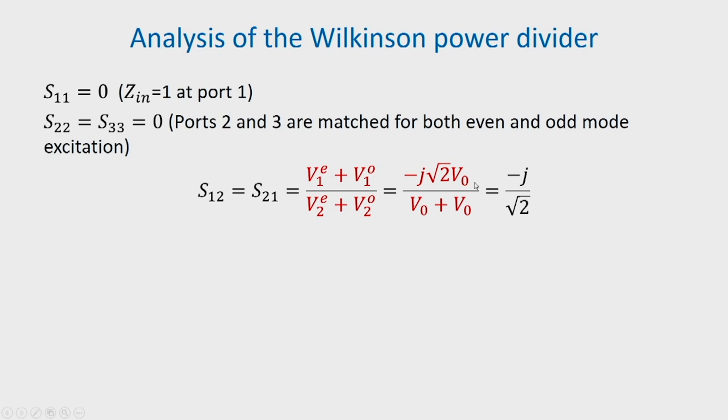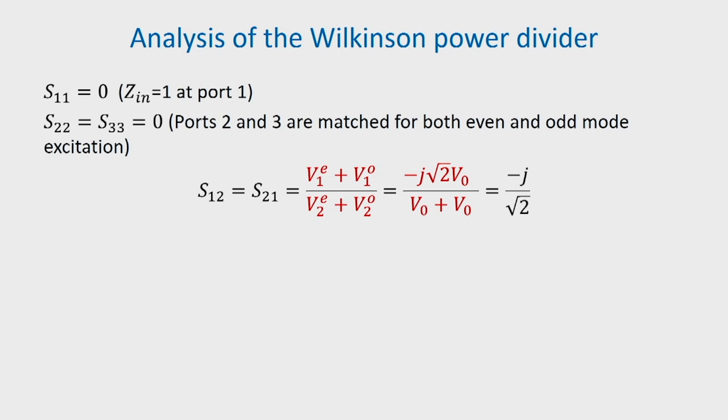So, once we substitute these values, we get S12 is equal to S21, which is minus j by root 2. So, we have found out S11, S22, S33, S12 and S21.